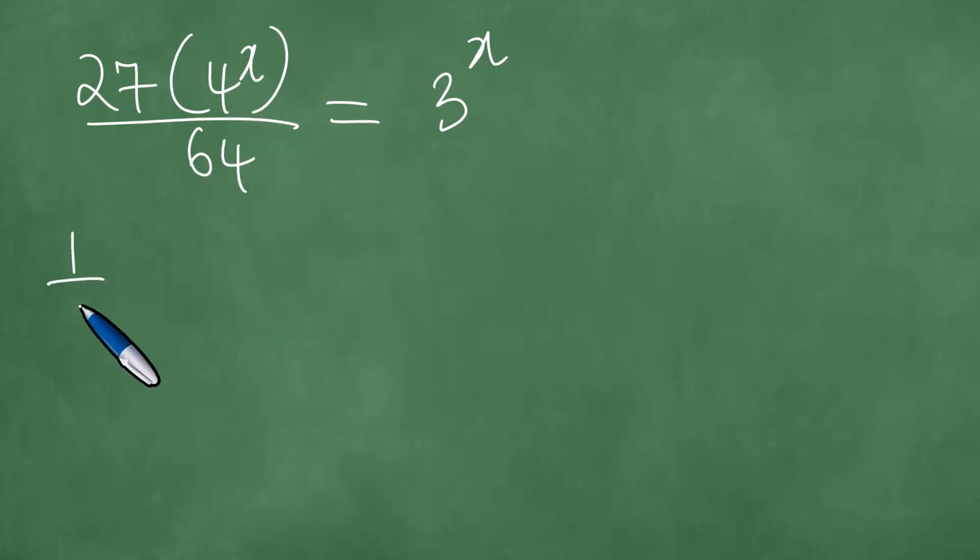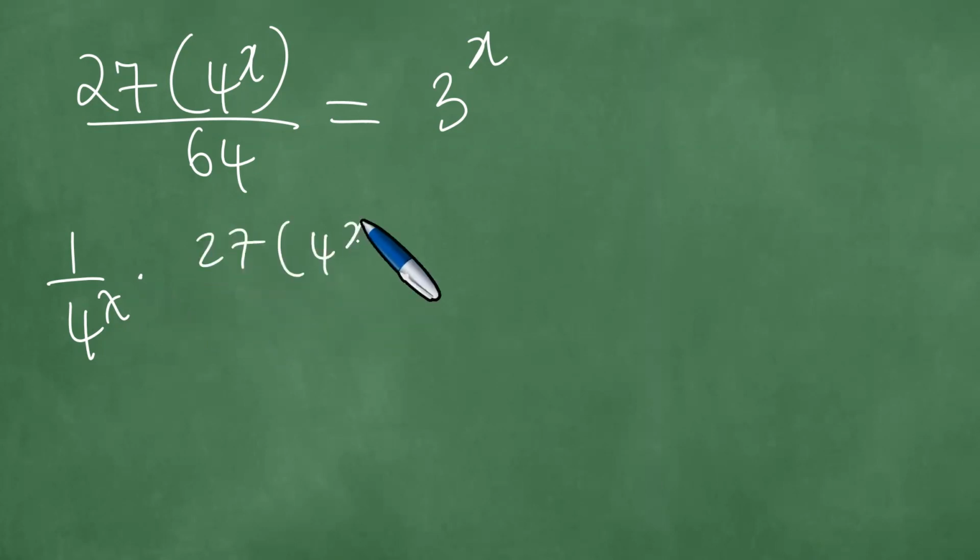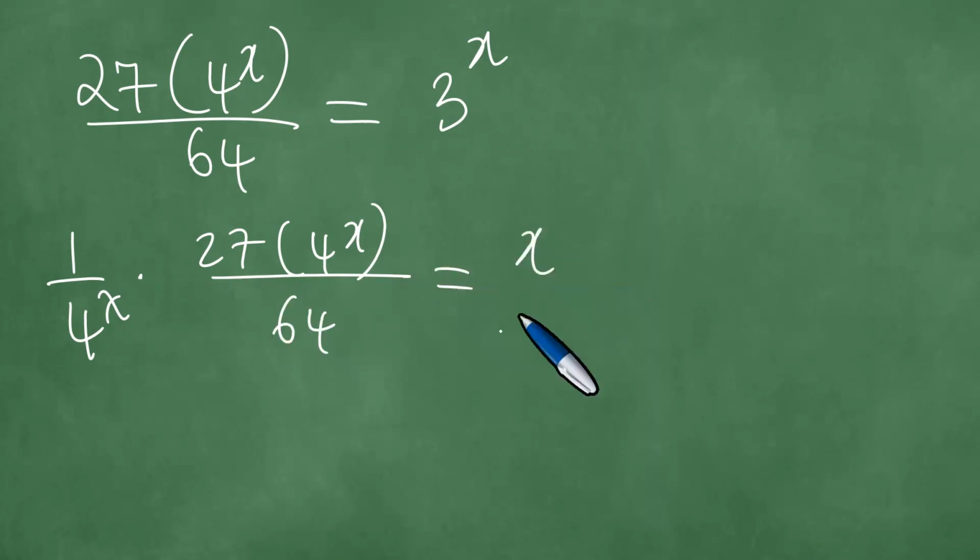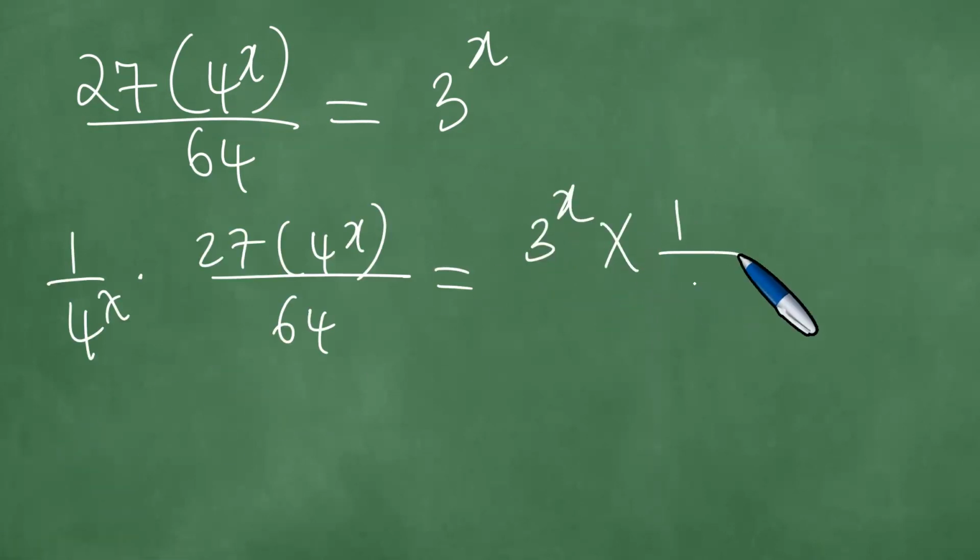So you're going to multiply by 1 over 4 to the power x. 3 to the power x, you multiply by 1 over 4 to the power x. So this practice allows us to divide by 4 to the power x. Whatever you do on the left must be done on the right.